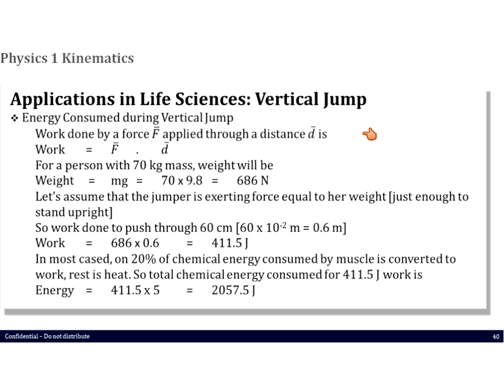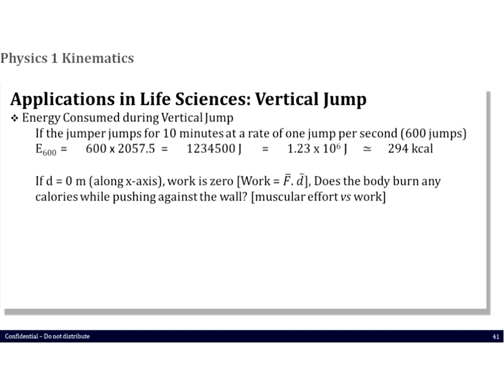So here the important concept is to understand the difference between the work done and the chemical energy, the energy dissipation. For example, if I am pushing against the wall, it is not moving. So physics says that there is no work done, but my body is getting heated up. My body is consuming energy. So these two things you should be able to differentiate. So that is the topic of these 2 slides.